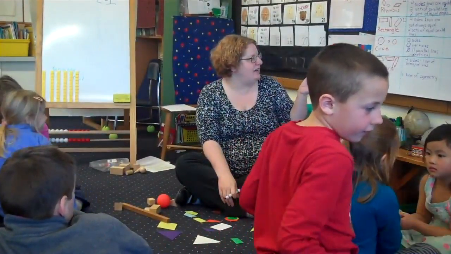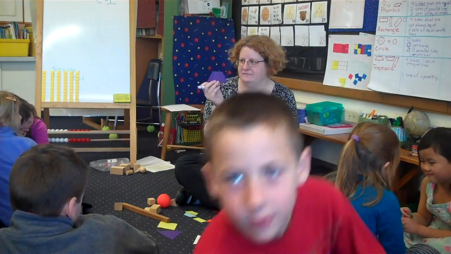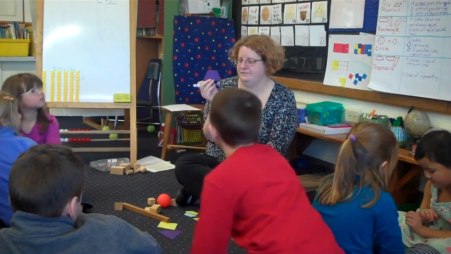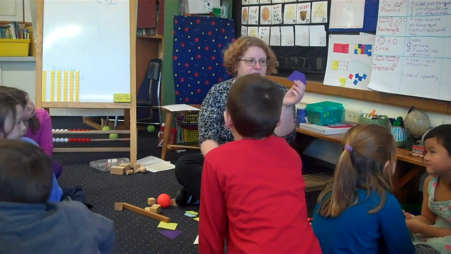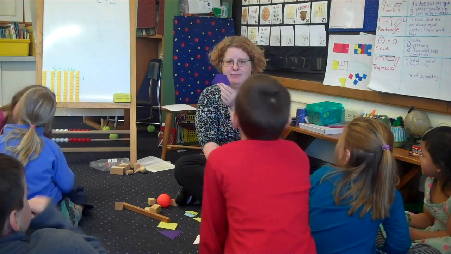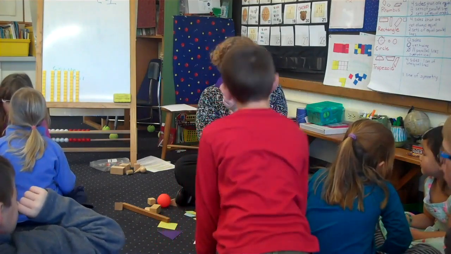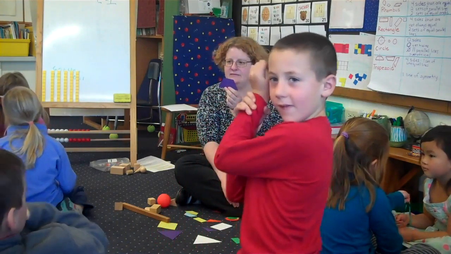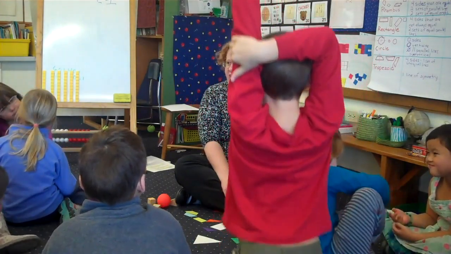My drawing is not as perfect as it could be, so you can look up here for the trapezoid if you need a reference. When you're ready, turn to me so I know you're ready to share.